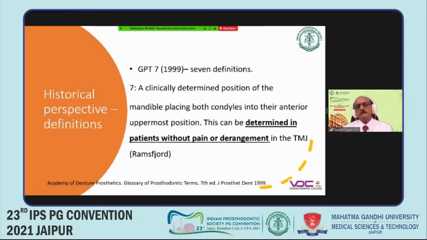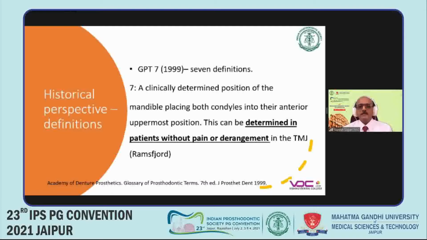So they said, all the definitions they have put, you follow whatever you want, because there was no consensus amongst the specialists and the gnathologists and other disciplines of dentistry, especially orthodontics. So there was no consensus. So they put all the definitions in there, and they added one more.